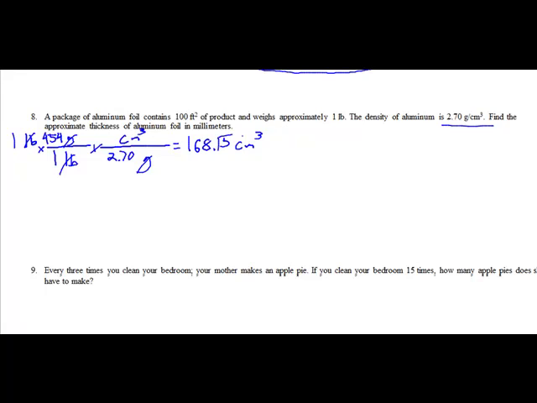Now, if I think about this as the total volume, well, what is the surface area then in 100 square feet? So I want to get this eventually into millimeters. So why don't I convert my feet squared into centimeters squared? 100 feet squared times, I know that for every 1 foot, there are 12 inches. I need to do that twice because we're dealing in square footage.